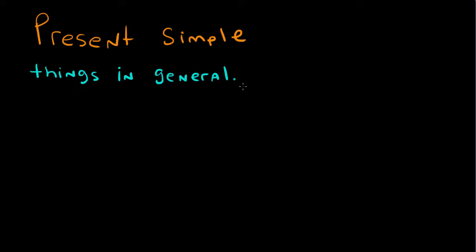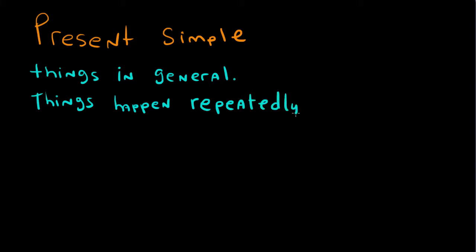We use the present simple to say that things happen repeatedly. That means they happen over and over again.